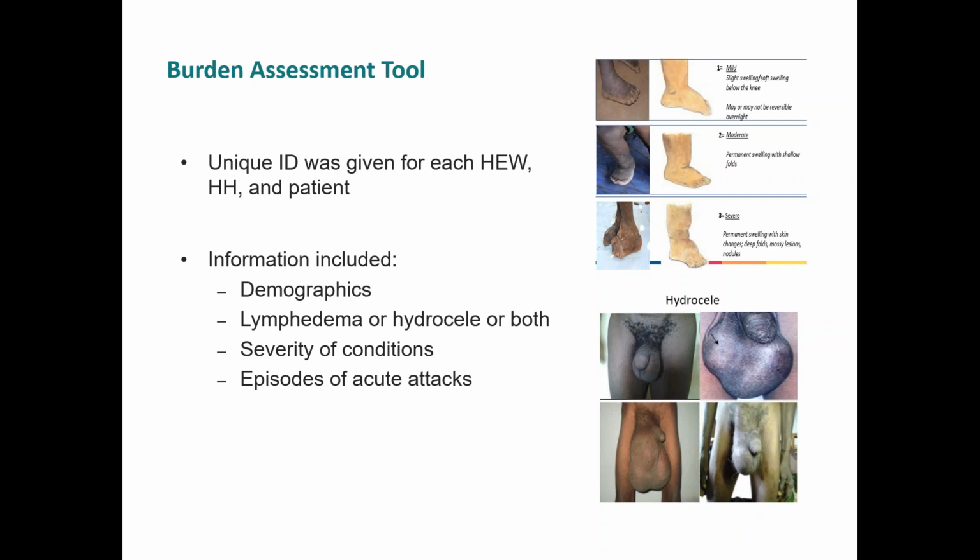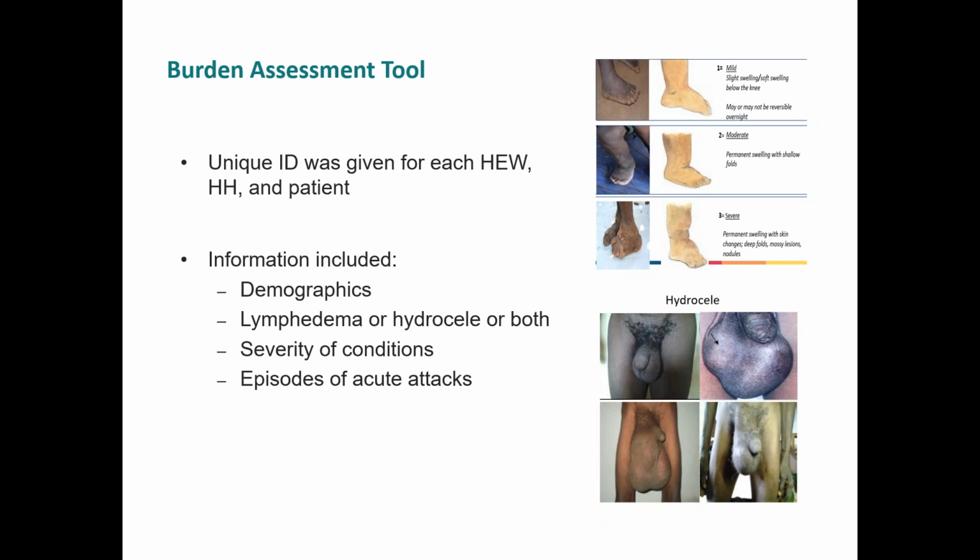This burden assessment included a unique ID, which is given for the health extension workers, the household, and the patient, which is important for data entry purposes. The information included in the burden assessment covers demography, such as age, sex, occupation, and educational level, and also the presence or absence of lymphedema, hydrocele, or both.